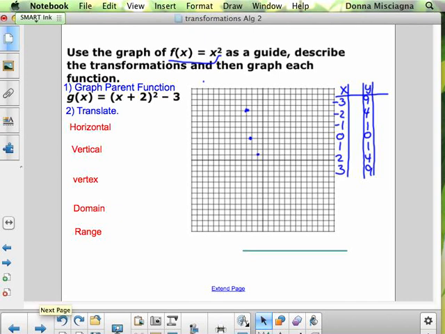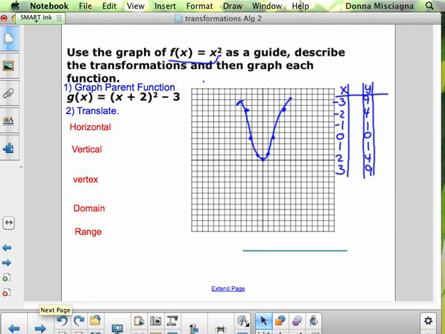We skipped a line, then 0, 0, then 1, 1, and 2, 4, and then 3, 9. So here's the parent graph. I'll have to erase this anyway and do it in class. I'll take a screenshot after I've erased everything on this board except for that.